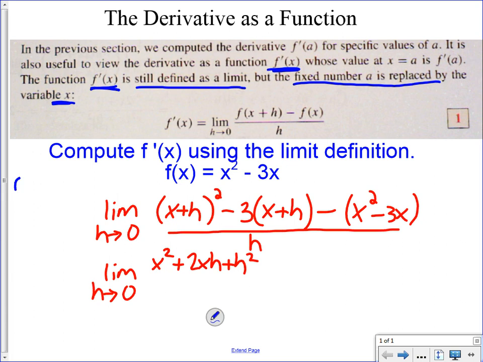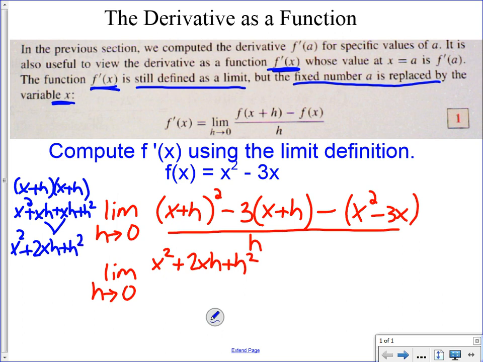I can show you that off to the side here. x plus h times itself. x times x is x squared. x times h is xh. h times x is xh. h times h is h squared. And then you can combine your middle terms to get 2xh plus h squared.